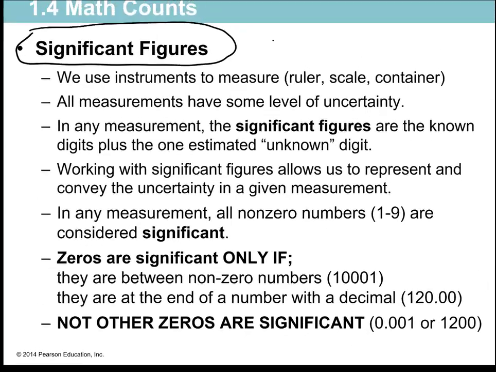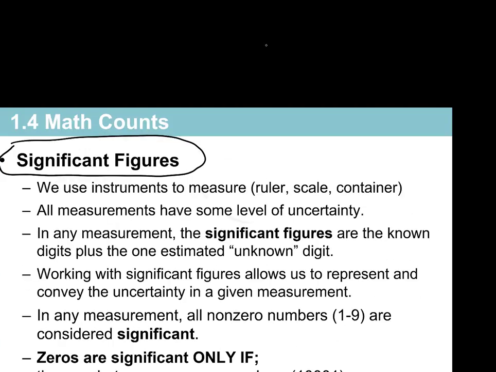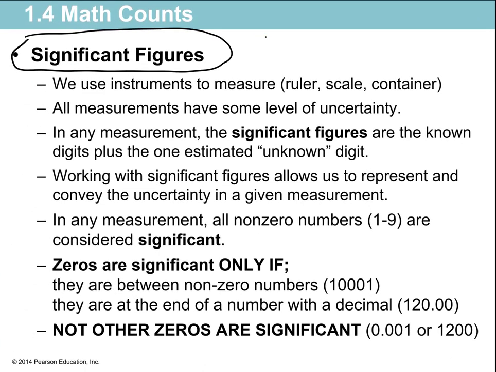So if I measure out 12.5 grams of sodium chloride, so salt, then that means that I'm sure of the 1, I'm sure of the 2, and the 5 is the one that I'm kind of uncertain about, but that is sort of like the smallest measured value in that unit.